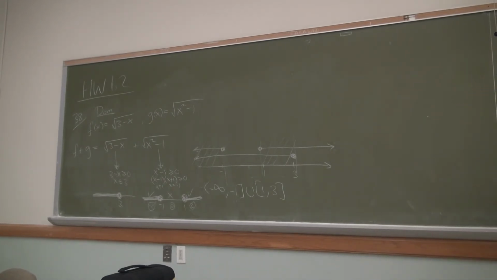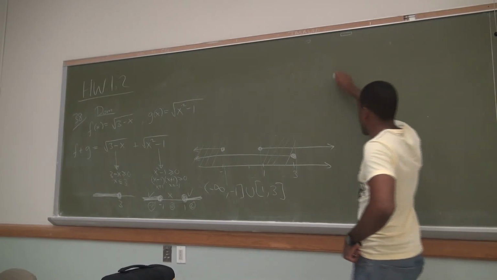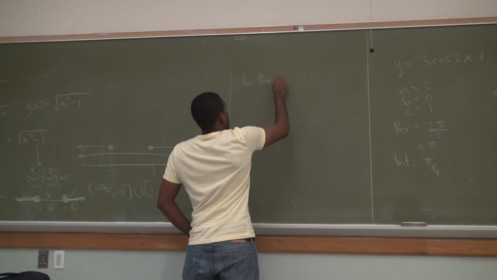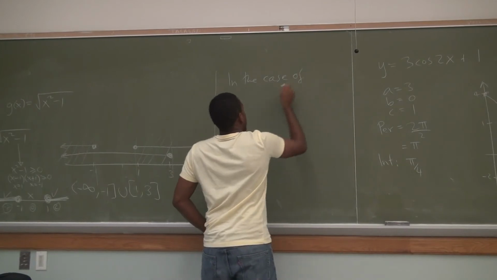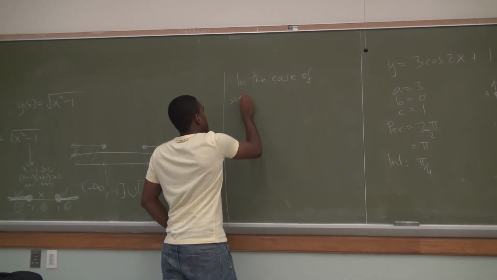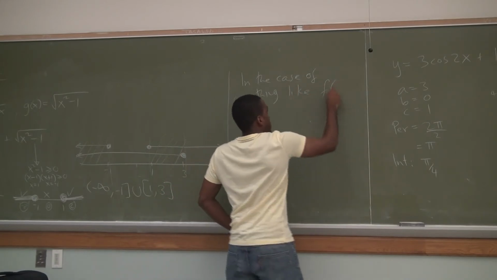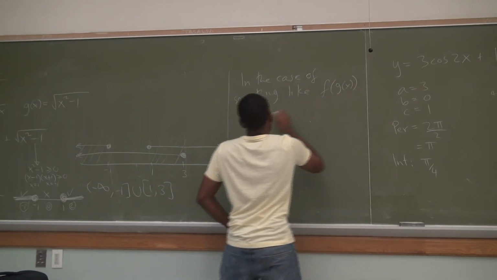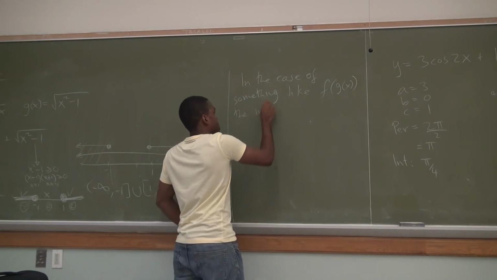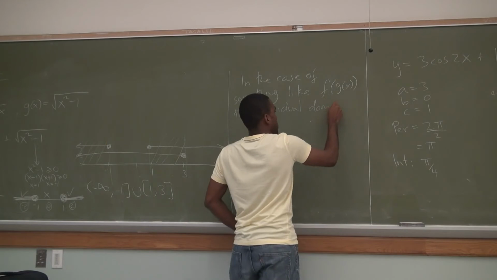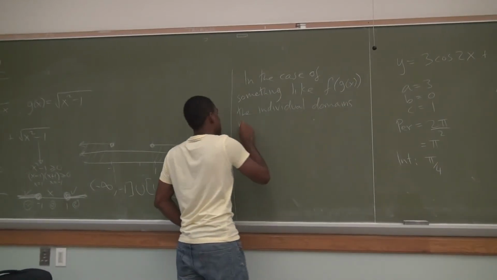One thing to worry about here is that in the case of something like f of g of x, the individual domains matter.